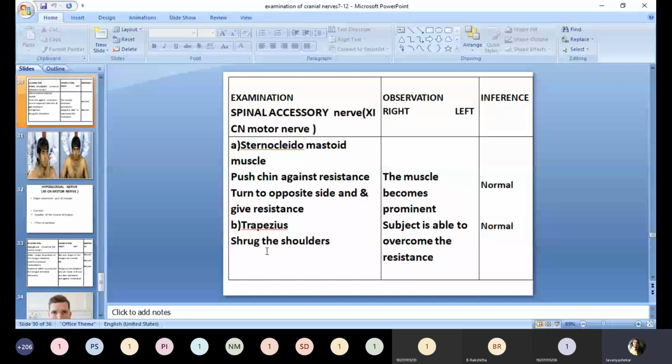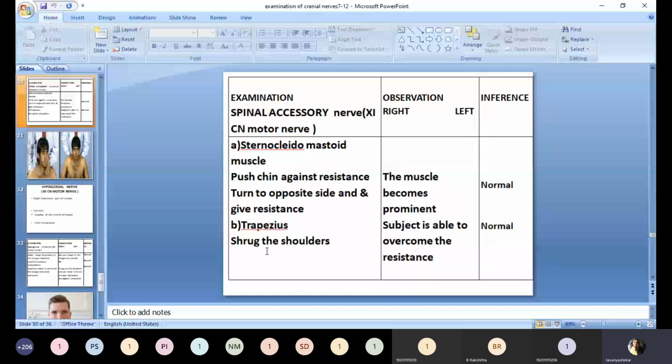When the muscle acts alone, the chin is rotated to the opposite side. The paralysis can be assessed by applying passive resistance from the other side while the subject tries to rotate his chin. If paralyzed, the rotation of the chin towards the opposite side is also not possible. So this is how you are going to check for the sternocleidomastoid muscle.